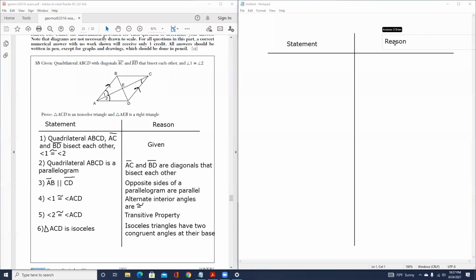Now if we want to prove that AEB is a right triangle, then let's think of everything we have. So we know that if this is an isosceles triangle, then we can prove AD and CD as congruent. The reason for this is that isosceles triangles have congruent legs.